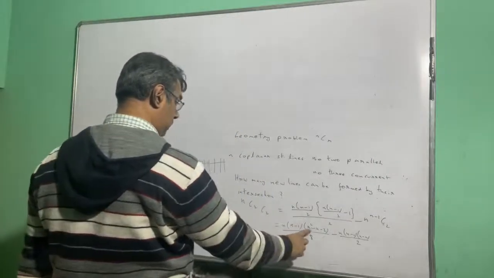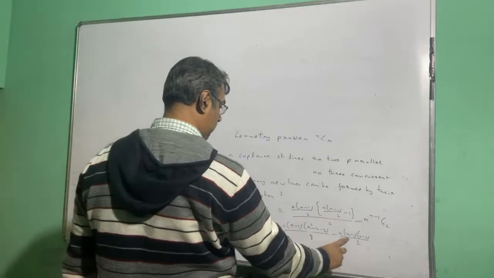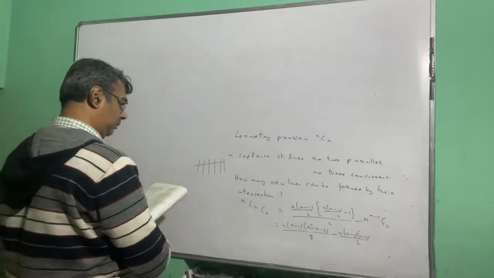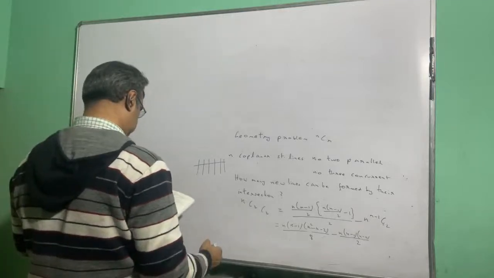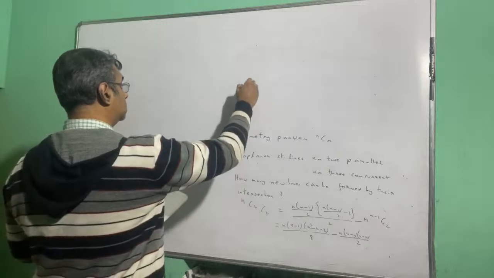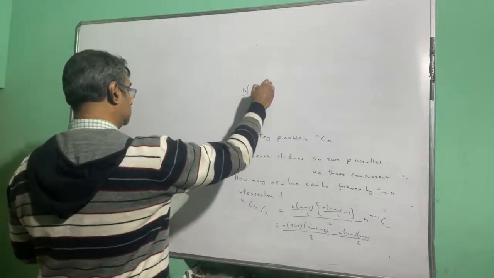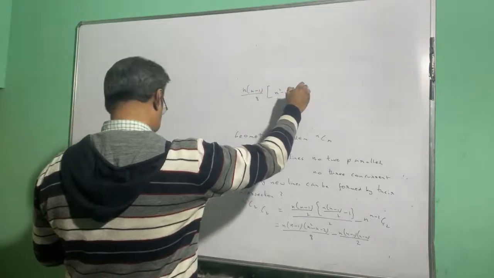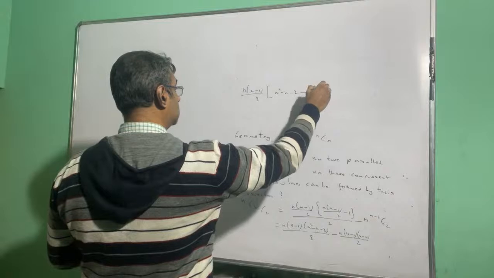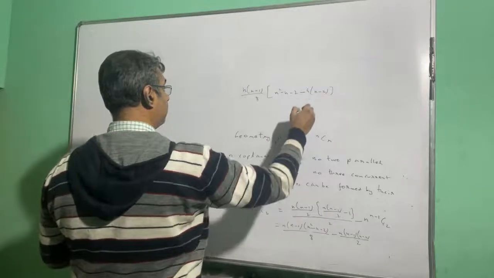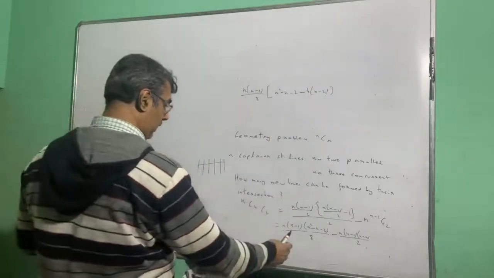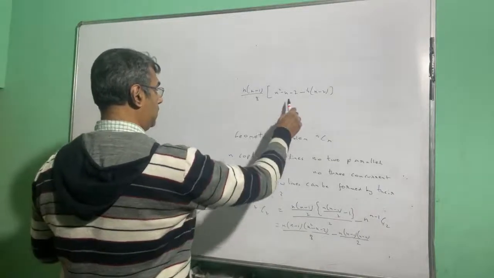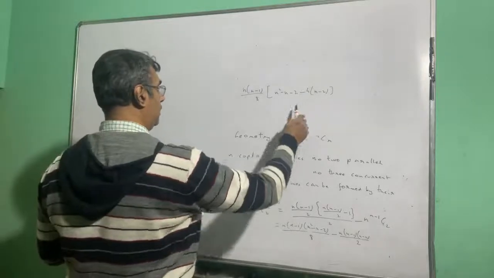So n into n minus 1 into n square minus n minus 2 by 8, minus n into n minus 1 into n minus 2 by 2. So after you subtract them, you take n into n minus 1 by 8 common, into n square minus n minus 2 minus 4 into n minus 2.